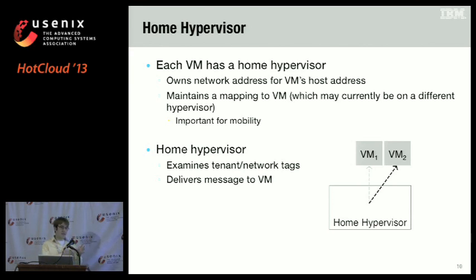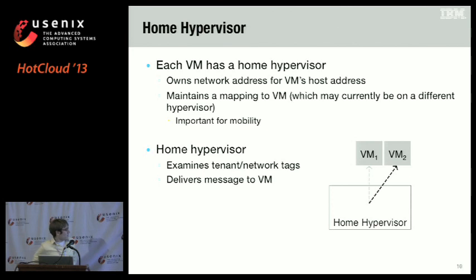But essentially, it knows how to get that last hop. It knows how to look at one of these addresses and figure out where the VM is. So by computing this consistent hash over those unique identifiers, this essentially assigns a home hypervisor to each VM in a pseudo-random fashion.